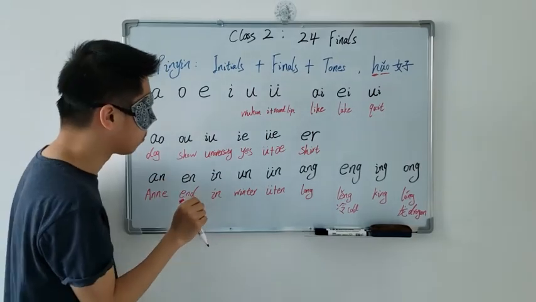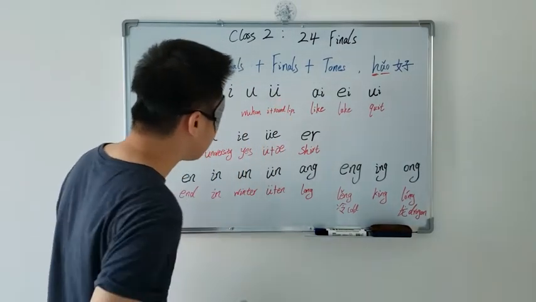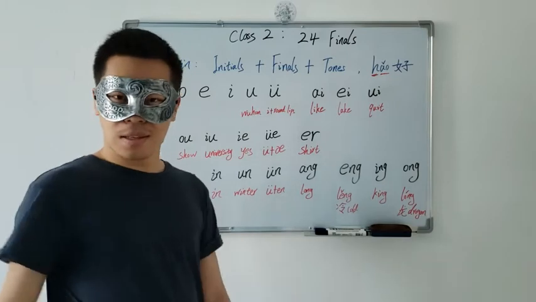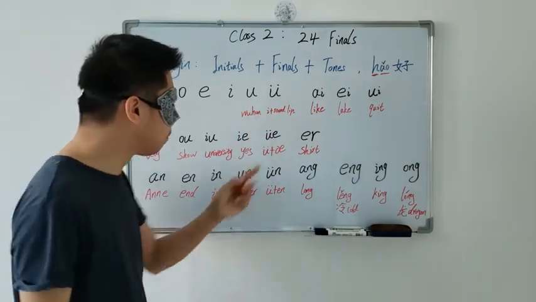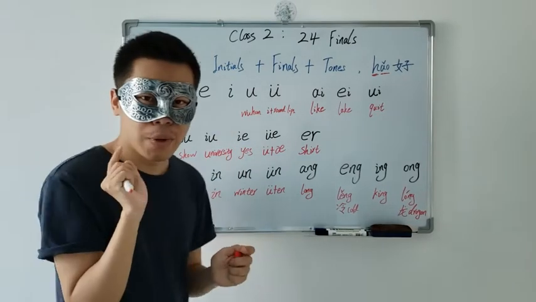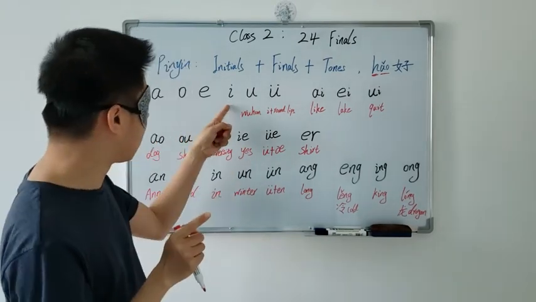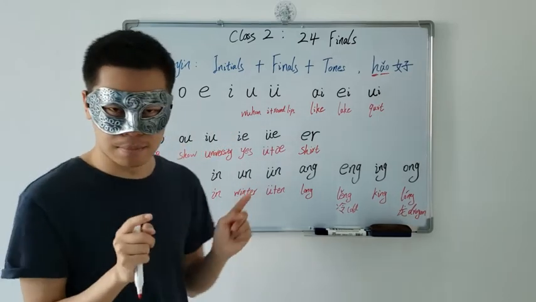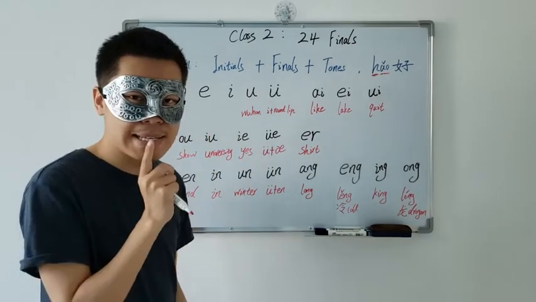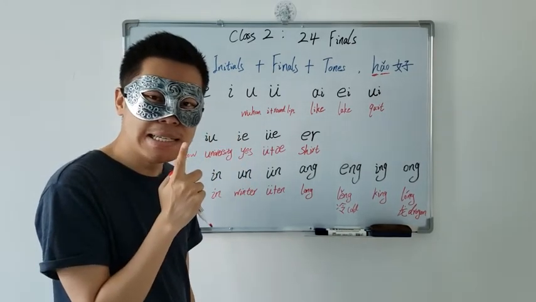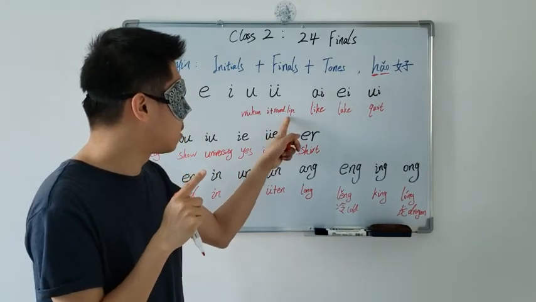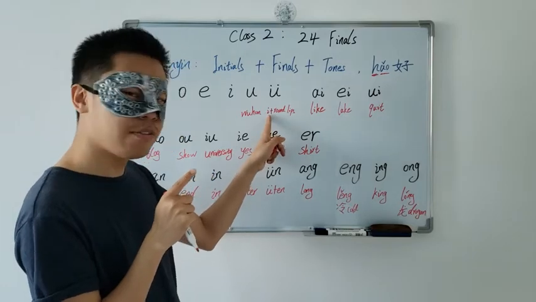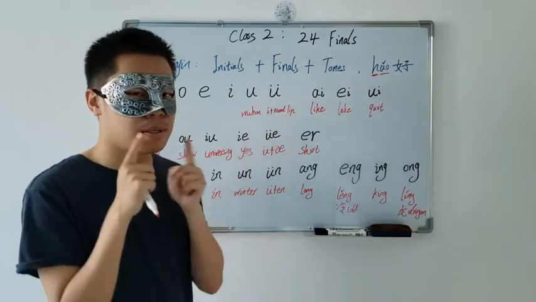Okay. The next one. This pronunciation is very difficult. You have to listen carefully. So we can pronounce E. You try to pronounce E first, then you round your lips.